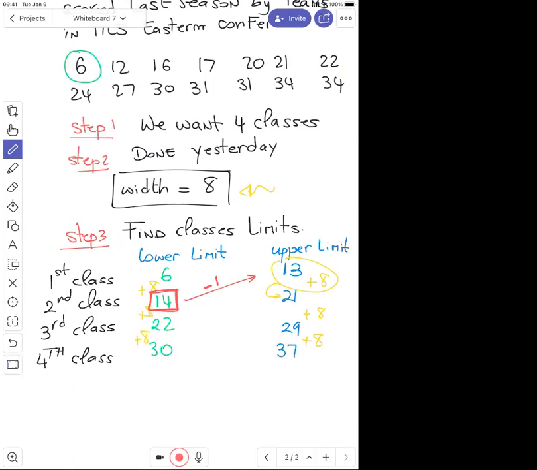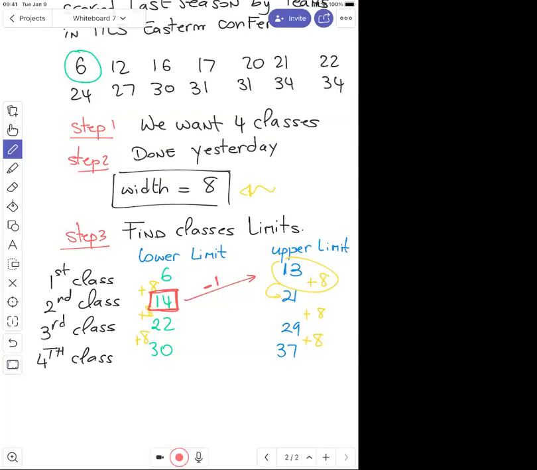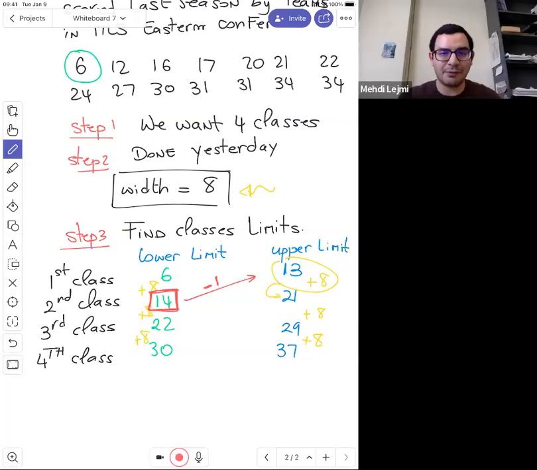My question is, the 1 that you take away, is it just for the first one, or as you continue? It's just for the first upper limit.